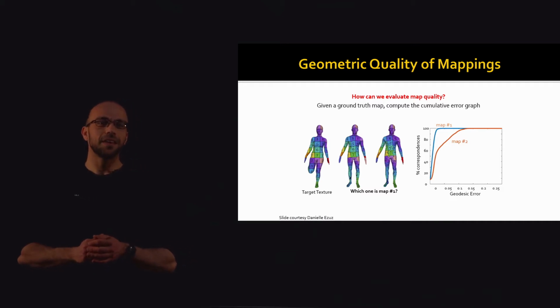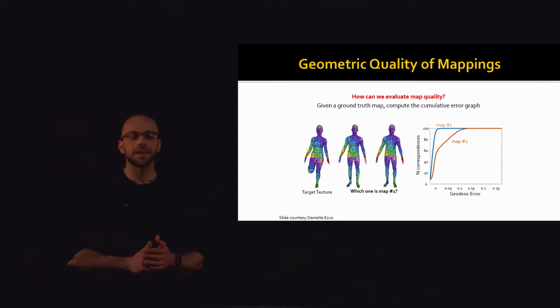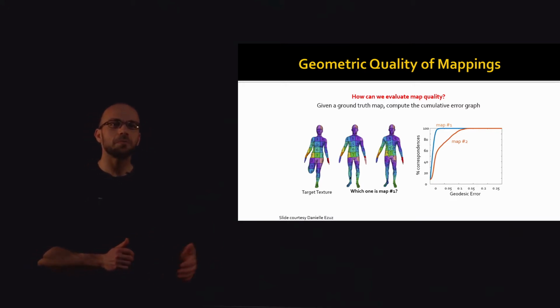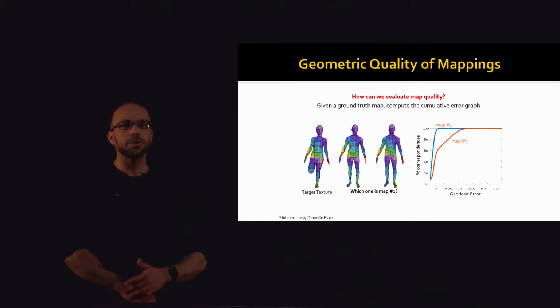Okay, so let's take a look at these geodesic error plots, right? So notice that essentially, what is it saying? It's saying that map number 1 basically agrees with the ground truth mapping more than map number 2. Do you see that?